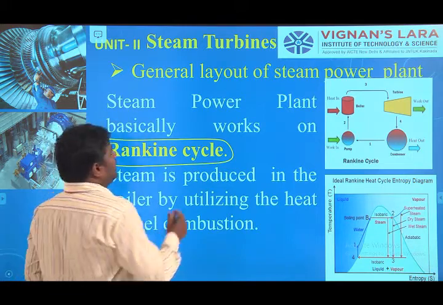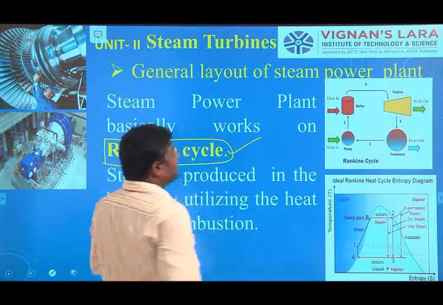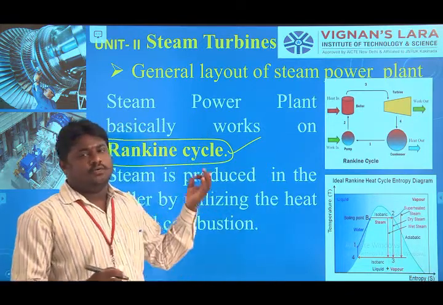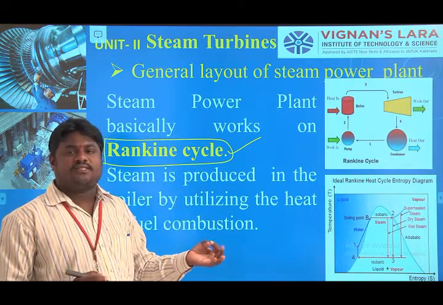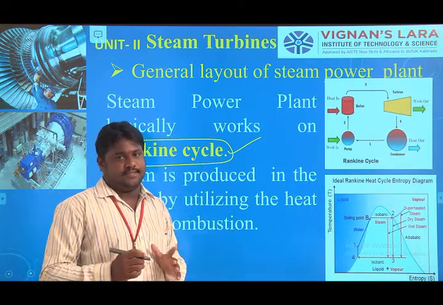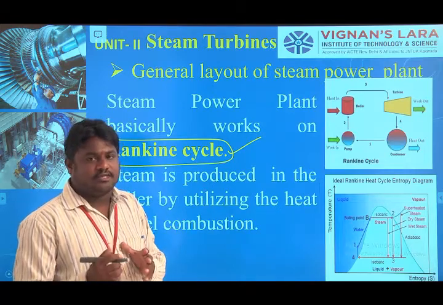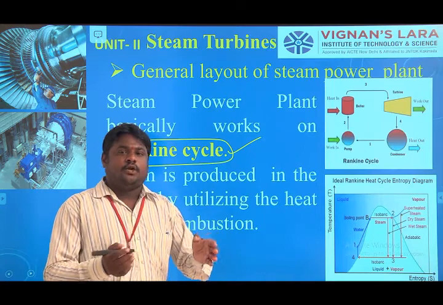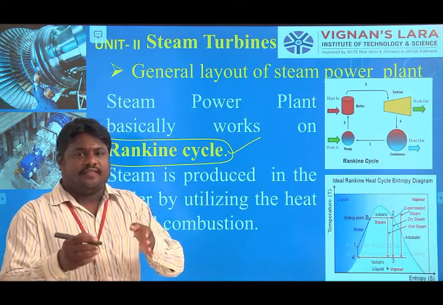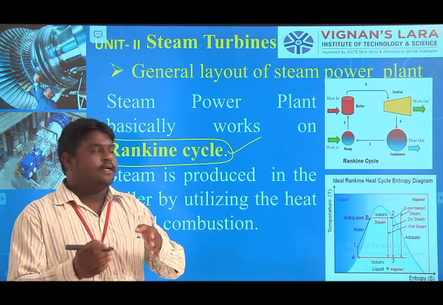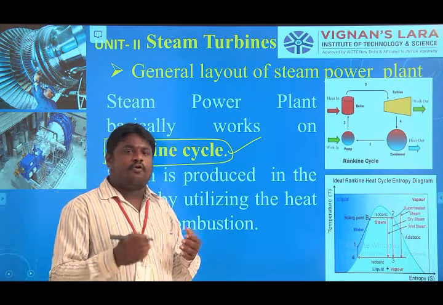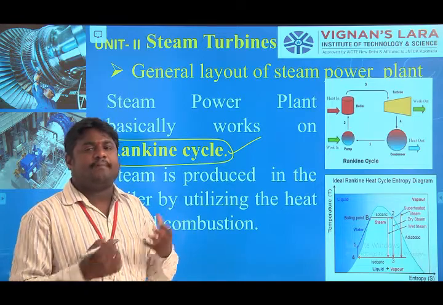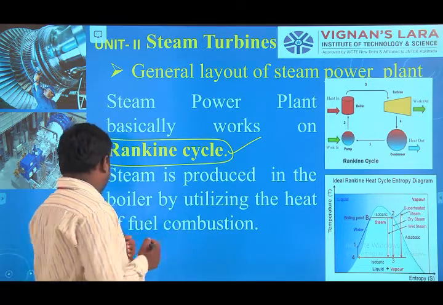The Rankine cycle has four processes: 1 to 2, 2 to 3, 3 to 4, and 4 to 1. The 1 to 2 process is adiabatic expansion, 2 to 3 is heat in, 3 to 4 is adiabatic compression, and 4 to 1 is heat out. Heat out means we produce the power.